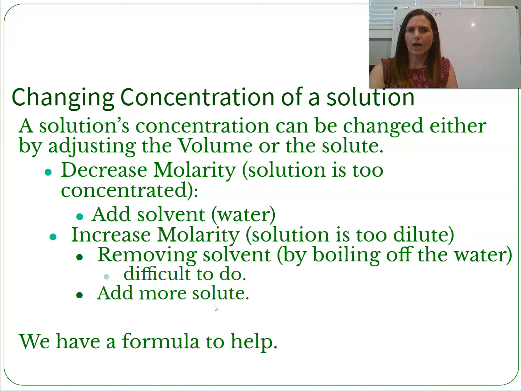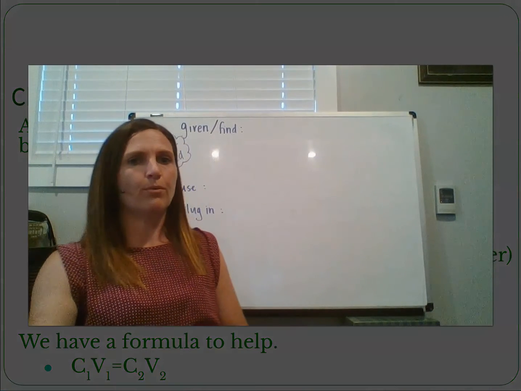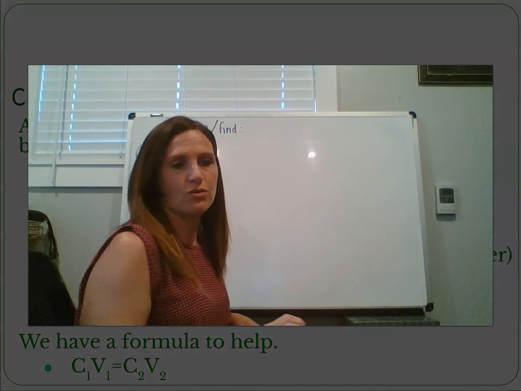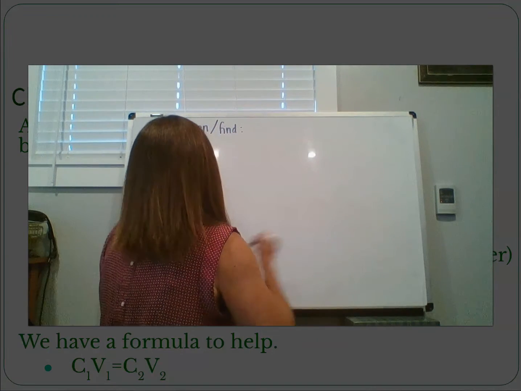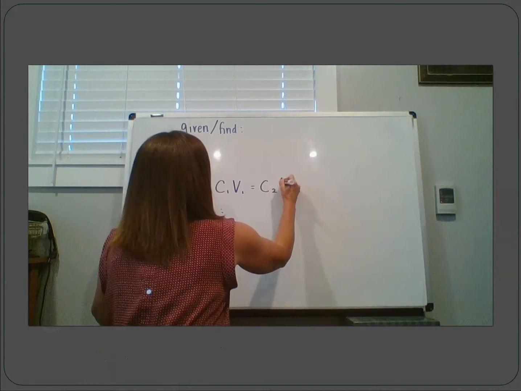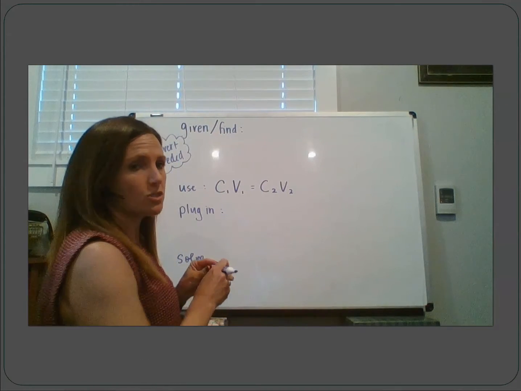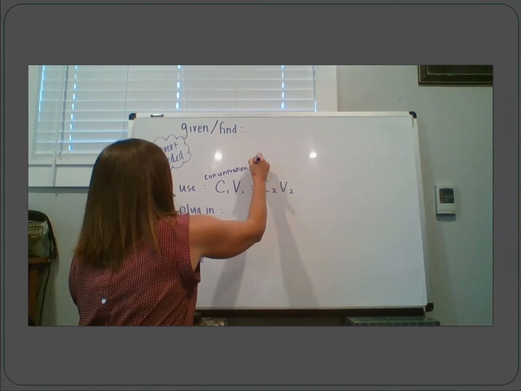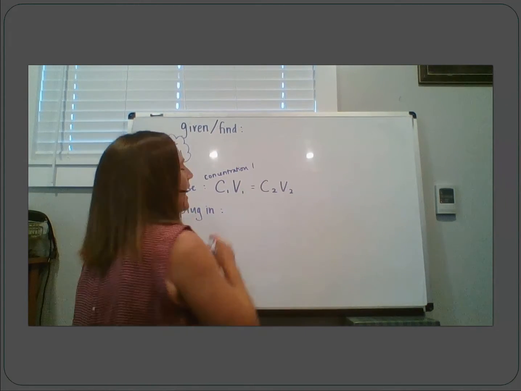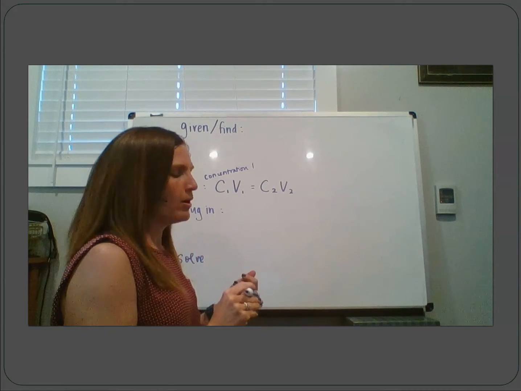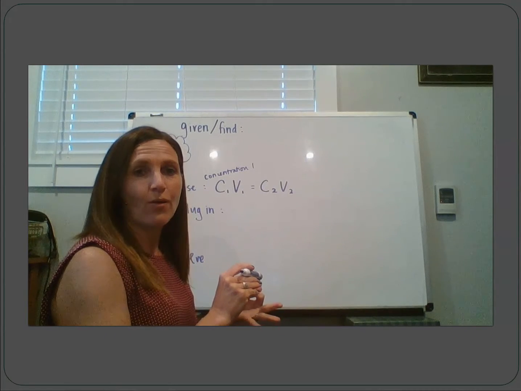There's a formula to help with this, and the formula is C1V1 equals C2V2. I just want to put that on the board so that you guys can have it to use. C stands for concentration, and that could be in parts per million or molality or molarity.